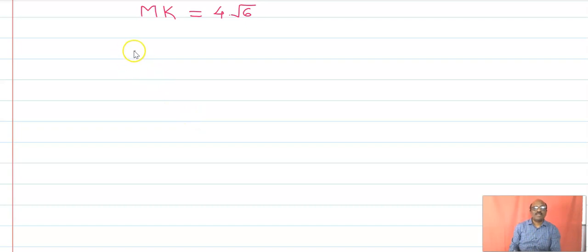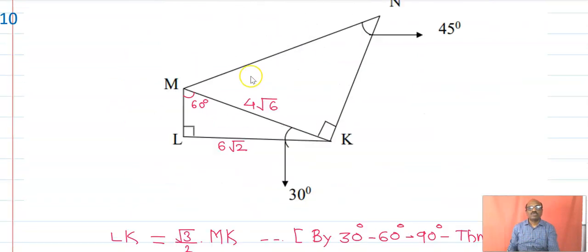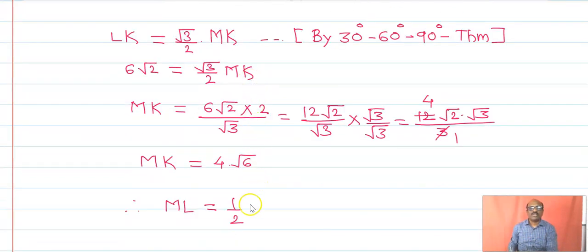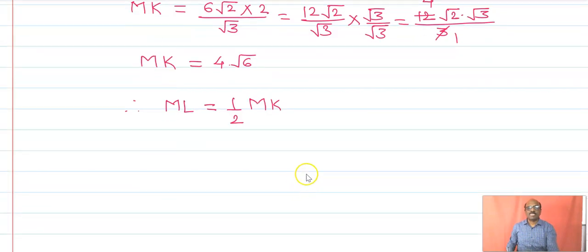Therefore here ML is equals to 1 upon 2 the hypotenuse, which is the MK. MK. And what is the reason here? Look at here again by the 30, 60, 90 theorem.